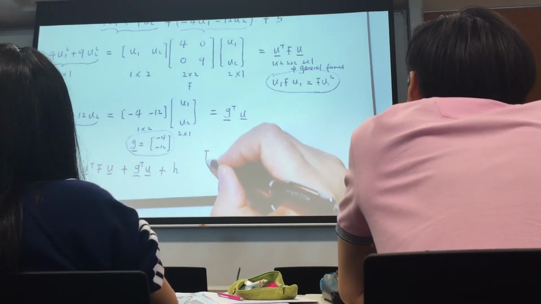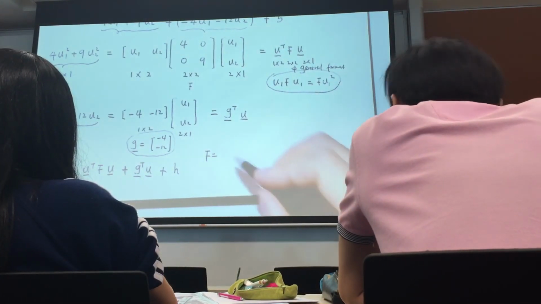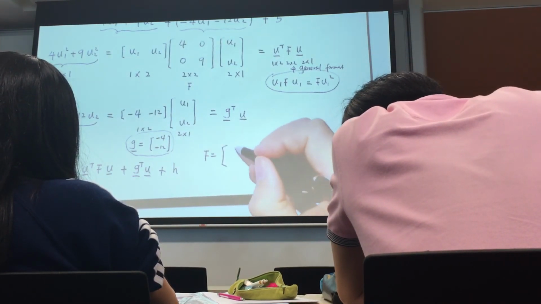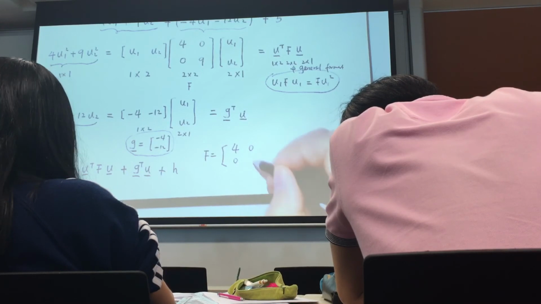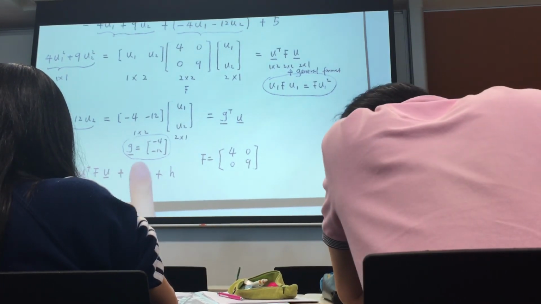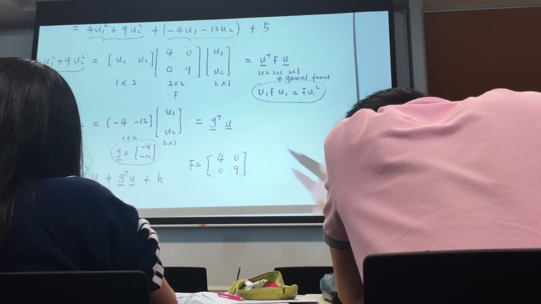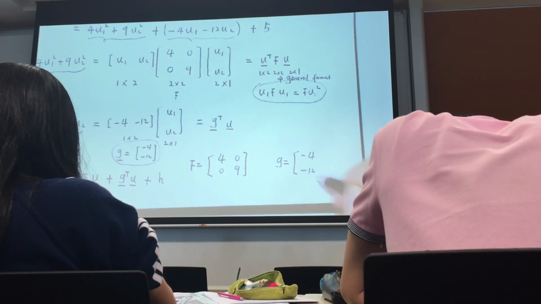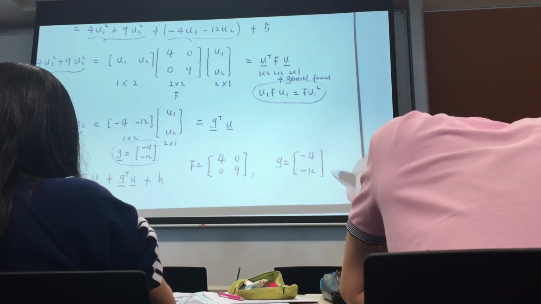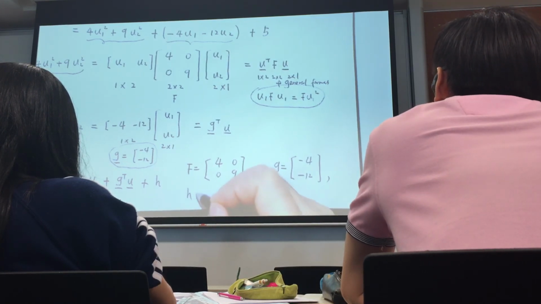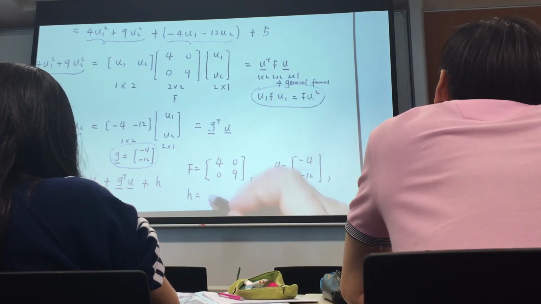The F is a 2 by 2 matrix: 4, 0, 0, 9. So the J is equal to minus 4, minus 12. And we have this H equal to 5.